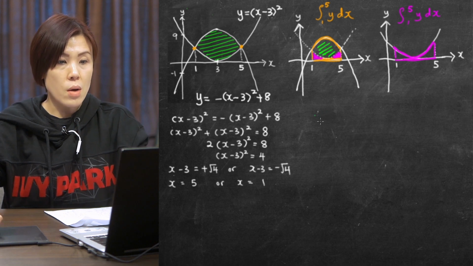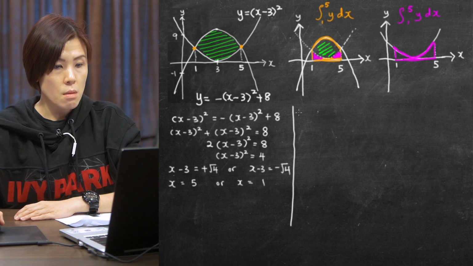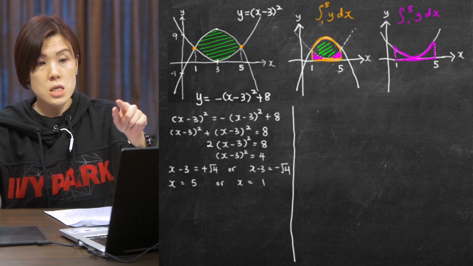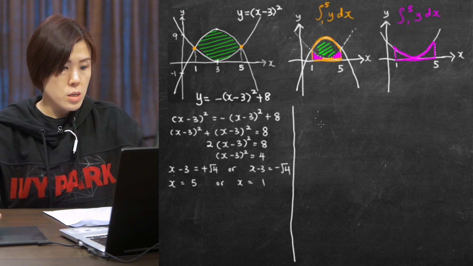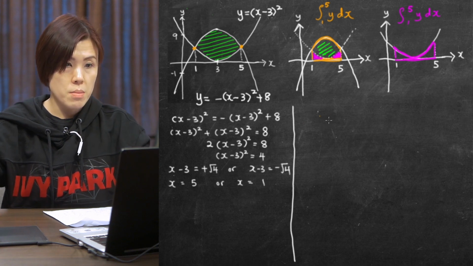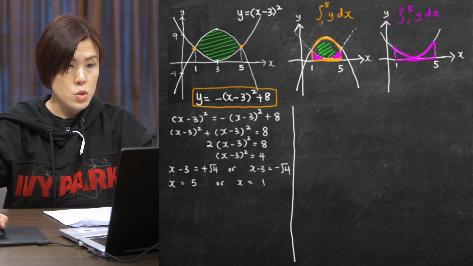Okay, so now we start with the integrations. Let me draw a line here. For this part that I highlighted in yellow, we have to use the equation, these are the equations of this graph.